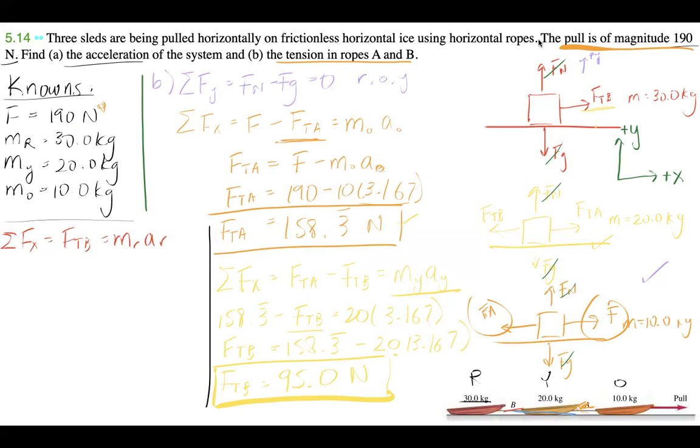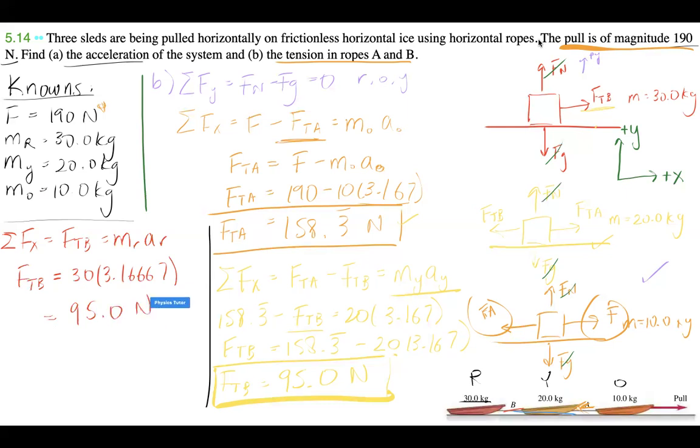FTB is equal to MR, which is 30, times AR, which is 3.166667, which again is 95.0 newtons.